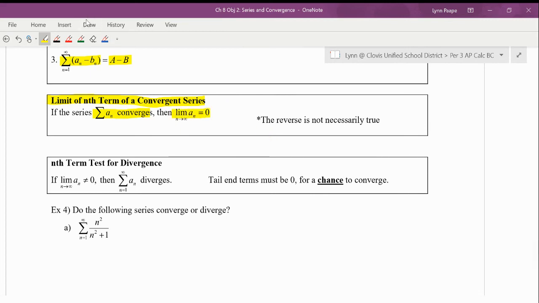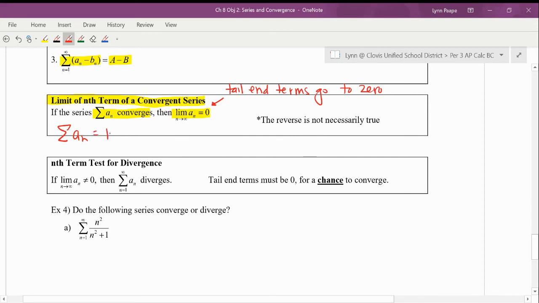So if the series converges, the sequence has to converge to 0, right? So the series converging means it goes to a sum. A sequence converging means it's talking about the tail end terms, right? So by saying the sequence is equal to 0, we are saying the tail end terms, the ones going out towards infinity, go to 0.